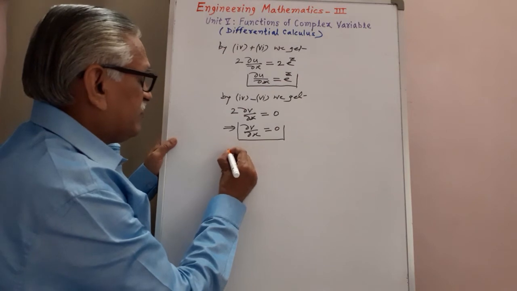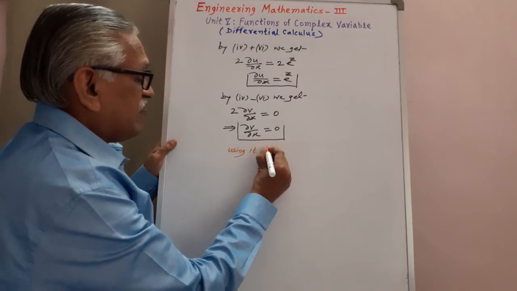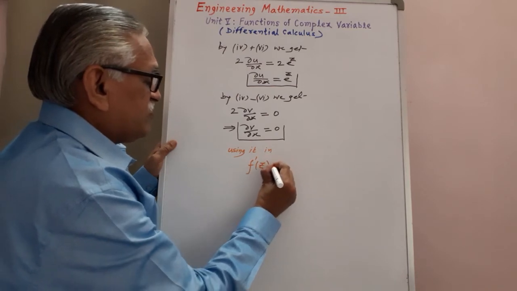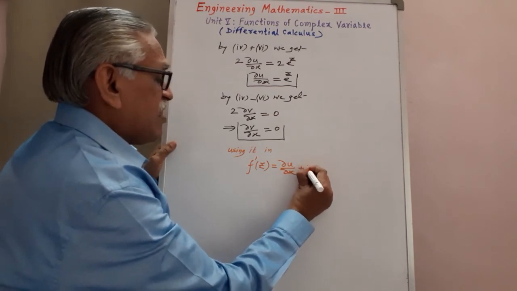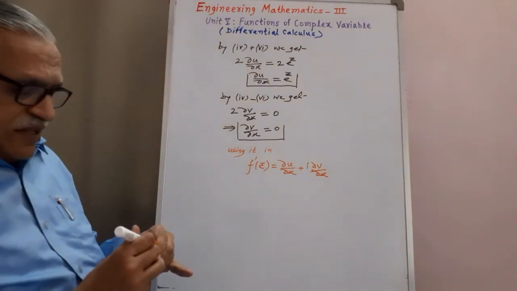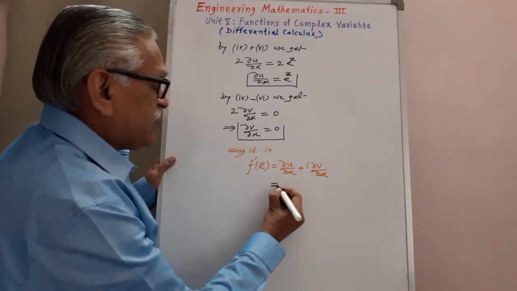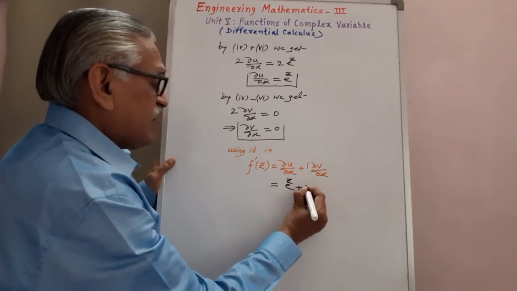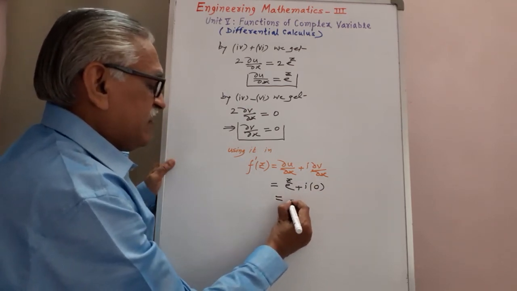Using this in the relation f dash of z is equal to dou u by dou x plus i times dou v by dou x, and therefore substituting these two values of dou u by dou x and dou v by dou x, we get f dash of z, with dou u by dou x as e raised to z, and i times dou v by dou x as 0, and therefore we get it as e raised to z.